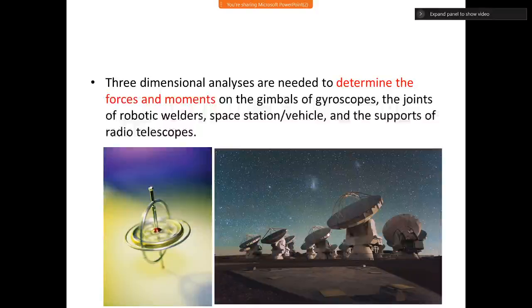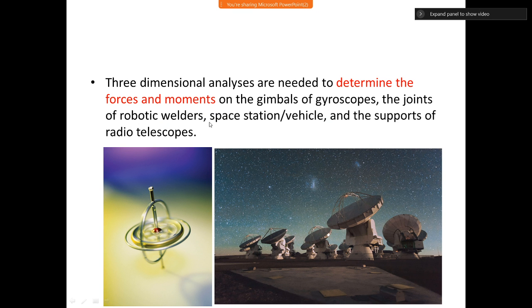Okay, so as I said, three-dimensional analysis is needed for determining the forces and moments on complicated structures. For example, a very interesting thing that hopefully we will see in the next class: gyroscopes. Gyroscopes and the gyroscopic effect are one of the very important findings of this study.